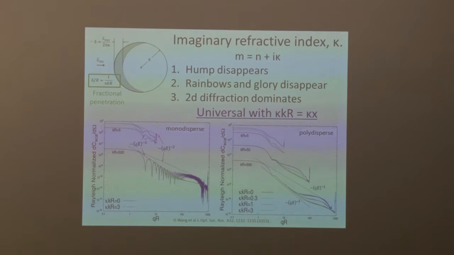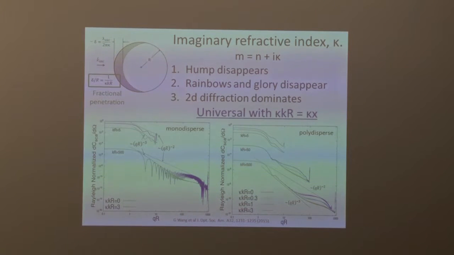So the universality now is to notice that I've got 2 orders of magnitude of range here on the size parameter. And in each case, certainly in these 2 cases, the hump disappears in the same manner. So to think about this further, this yellow curve where kappa KR equals 1, if the size parameter is 500, that means kappa is 1 over 500.